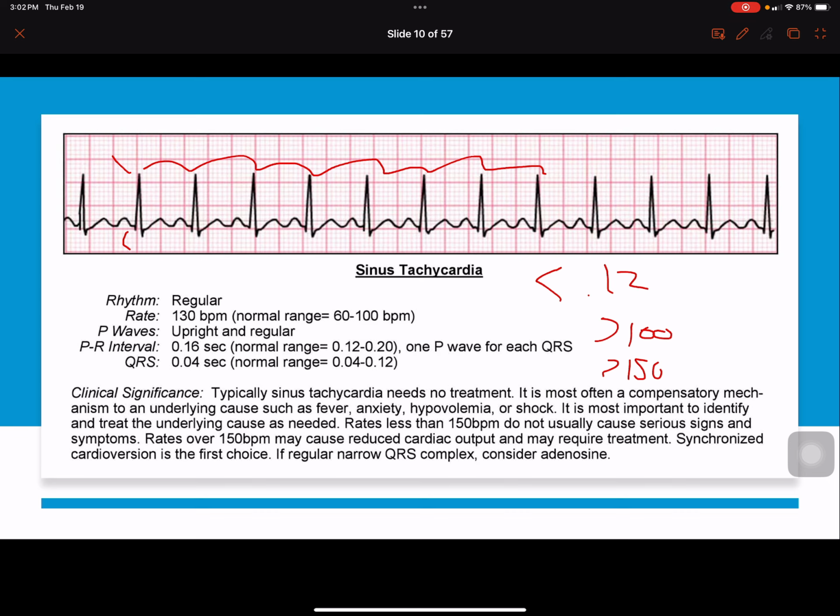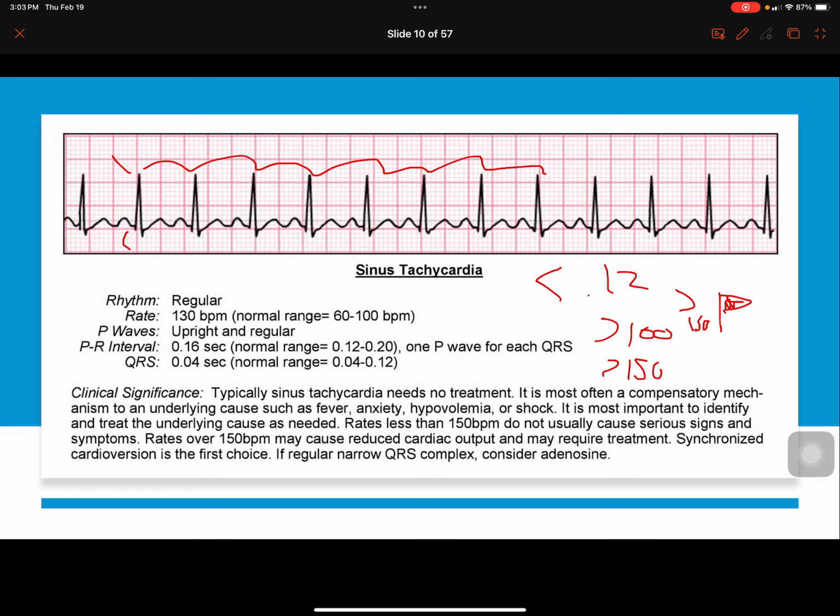Now, does that mean that a rate over 150 rules out any other underlying cause like hypovolemia or sepsis or fever, infection, or hyperthyroidism? Absolutely not. You can definitely have compensatory rhythms greater than 150. However, when you see that rate over 150, that should be our little red flag that we see potential for AV nodal reentry tachycardia, or AFib with rapid ventricular response, or some type of dysrhythmia that may require treatment from us.